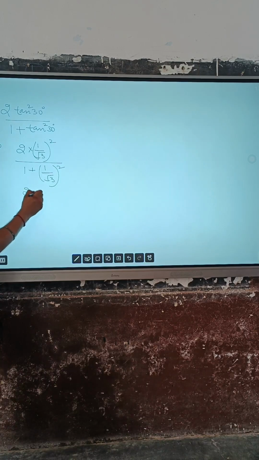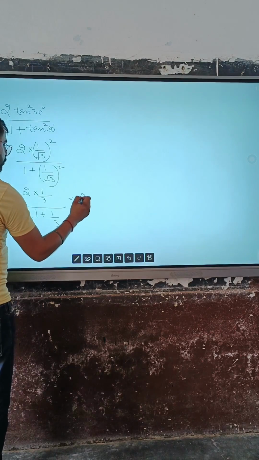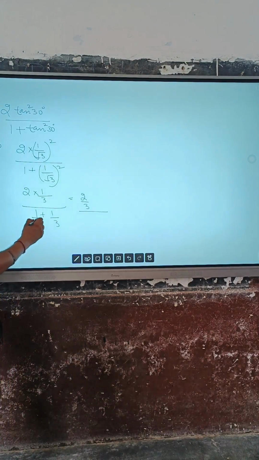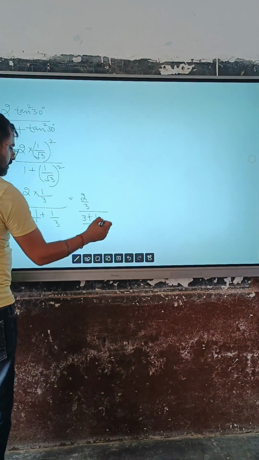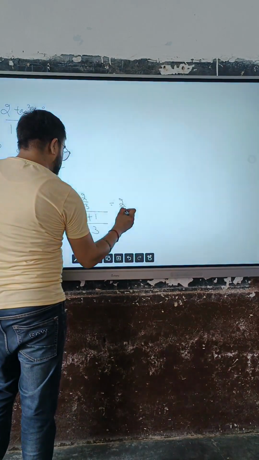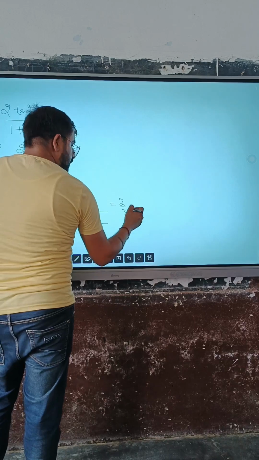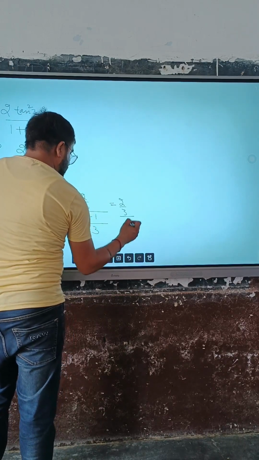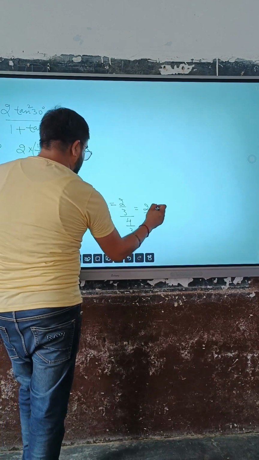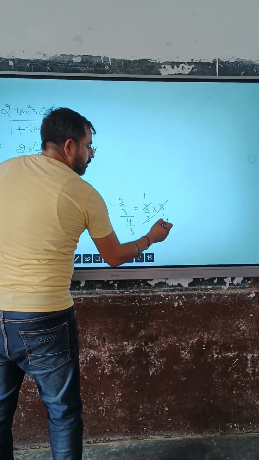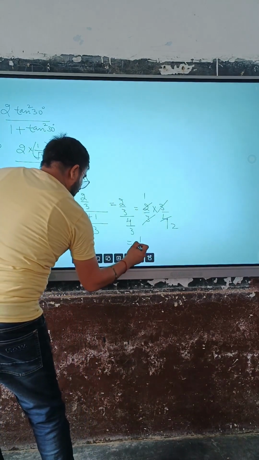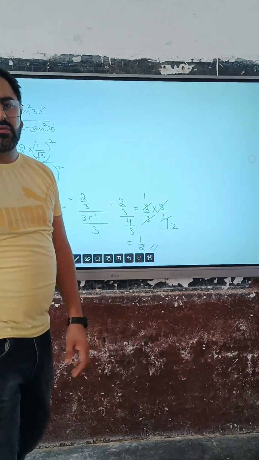So 2 into 1 by root 3, over 1 plus 1 by 3. So the next step is 2 by 3 over, after taking LCM, 3 plus 1 by 3, that is 4 by 3. So 2 by 3 and 4 by 3 is written like this. 2 and 4 cancel each other and 1 by 2 is the value.